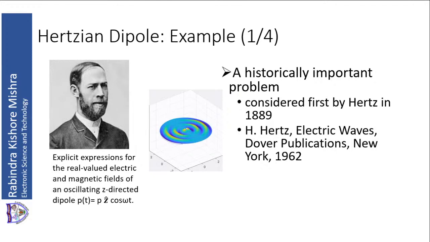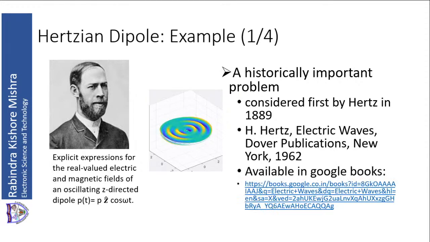You can read it. Get this book from Google Books, where it is available for free at this website, the website I am giving you. Electric Waves by Heinrich Hertz.